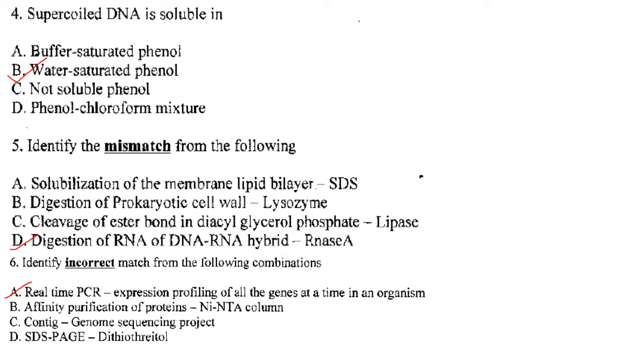So this is the incorrect match. It is not expression profiling of all the genes of an organism at the same time. It is meant for quantitative analysis of the reaction products, not for expression profiling of all genes at a time in an organism.